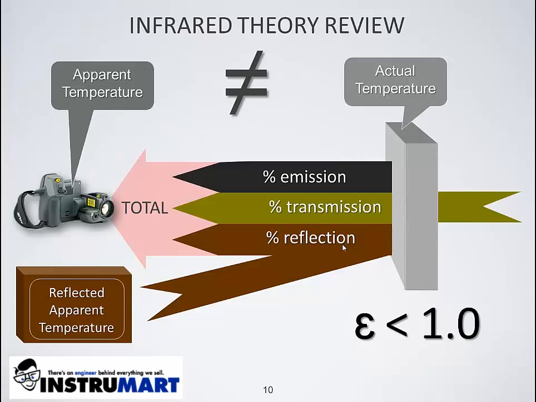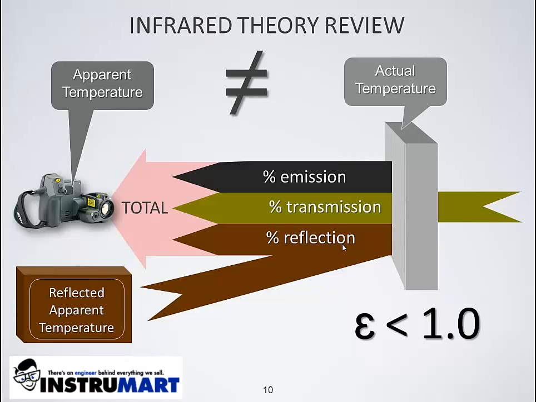Now let's define what transmitted and reflected radiation is. Transmitted radiation is the radiation which passes through the target of interest. It is similar to seeing light pass through a piece of glass. Reflected radiation is radiation from a source in front of the target that reflects off the target's surface.